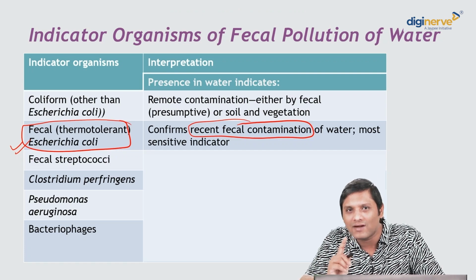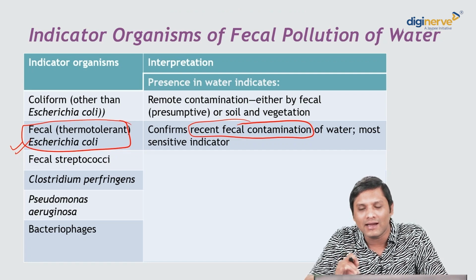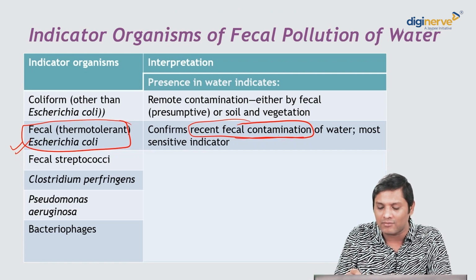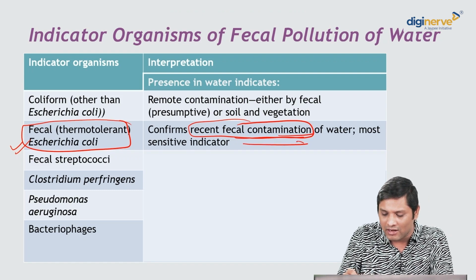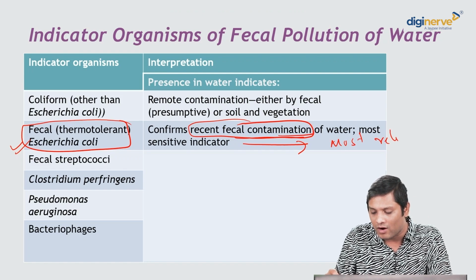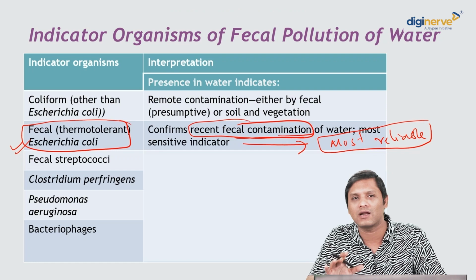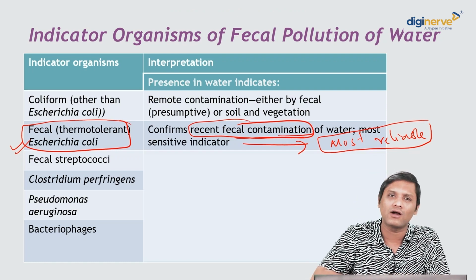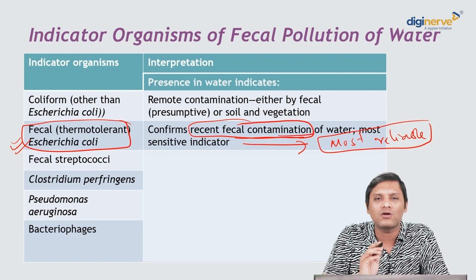Therefore, if you detect fecal E. coli in the drinking water, it indicates recent fecal contamination of water. Therefore, this is considered the most reliable, most sensitive indicator of water contamination by feces. Okay, for fecal contamination of water, there are so many organisms, but the most reliable organism is fecal thermotolerant E. coli.